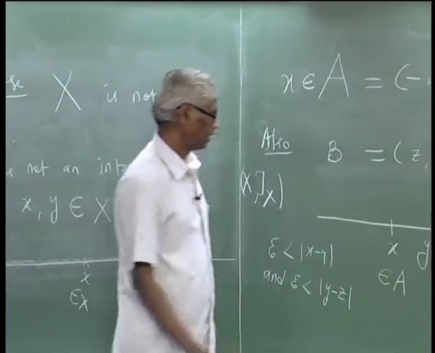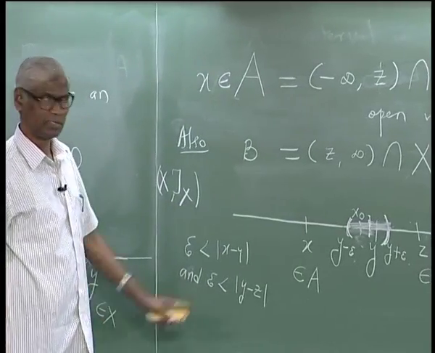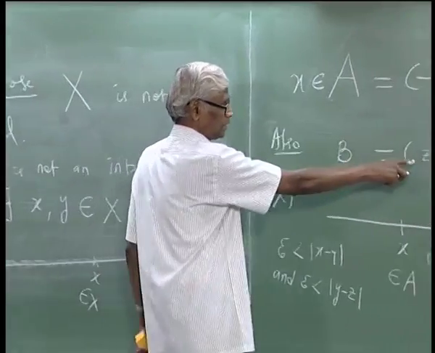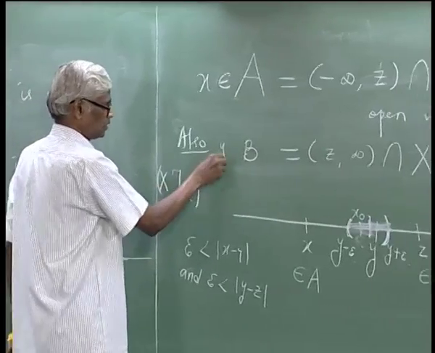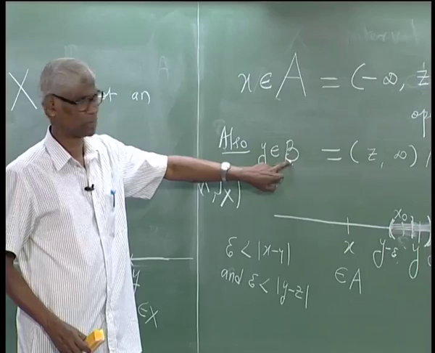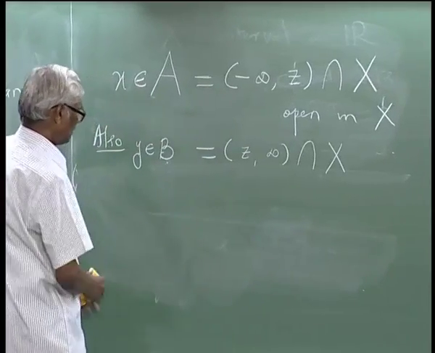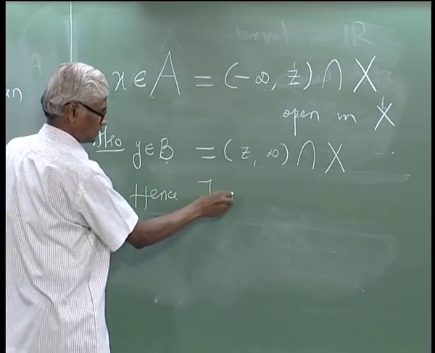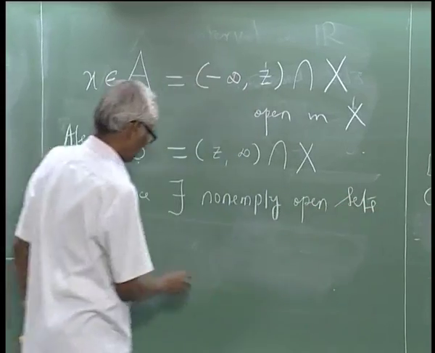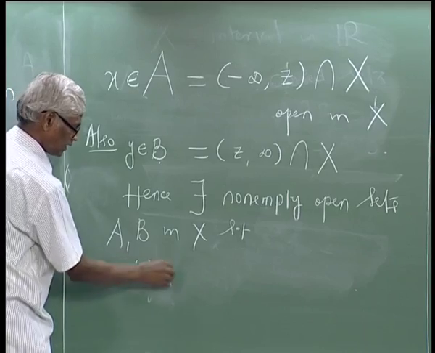This is an open set in R, and now we restrict that open set to X, that means intersect with X. This is an open set in X, and Z less than y less than infinity, so y belongs to B, hence B is a non-empty open set in X. So, we get that there exist non-empty open sets A, B in X such that they are disjoint.